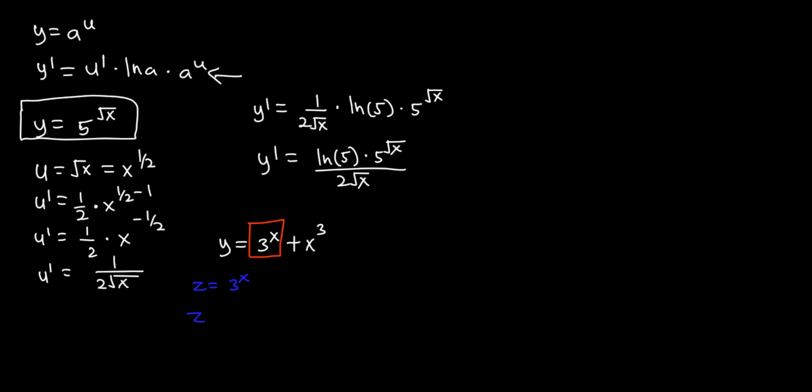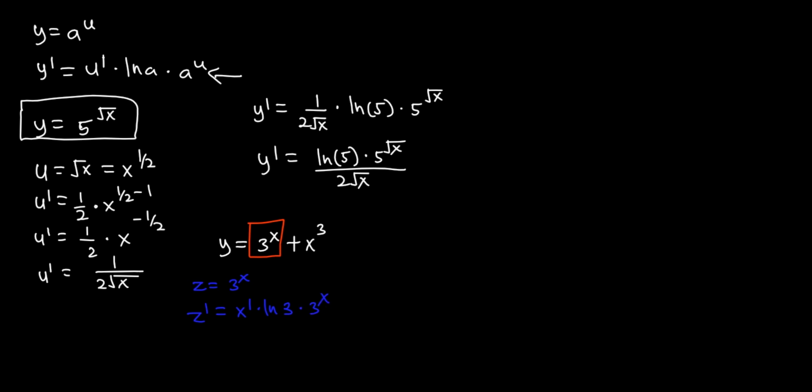Then z prime will be equal to the derivative of 3 to the power x, that will be x prime times ln of 3 times 3 to the power x.